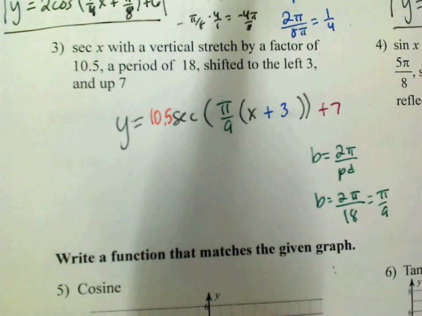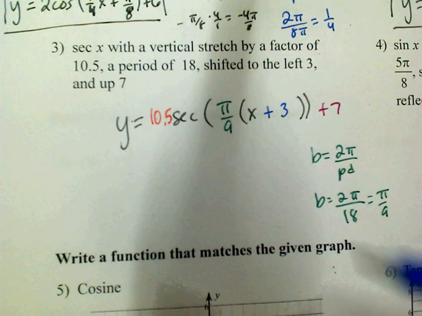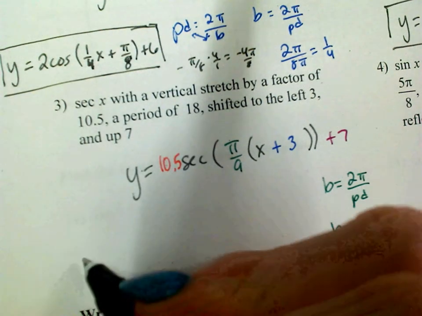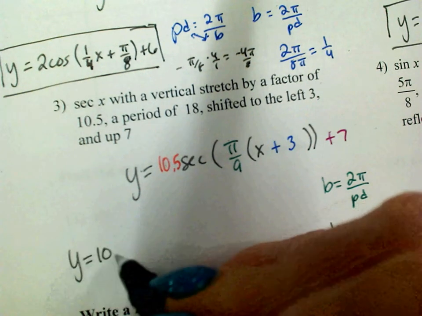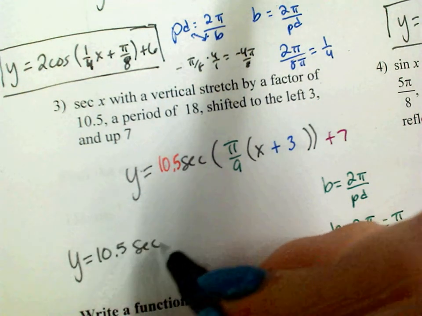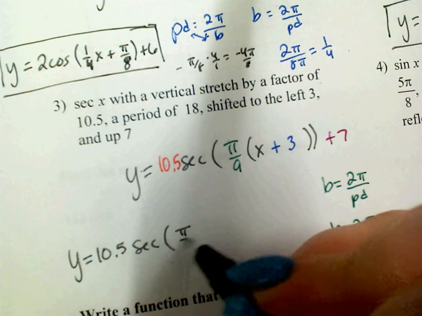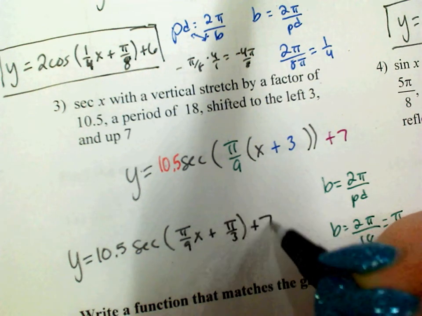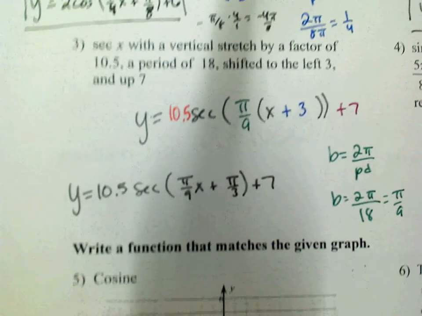So my answer is going to be y equals 10.5 secant of pi over 9 x plus pi over 3, plus 7. And there we go.